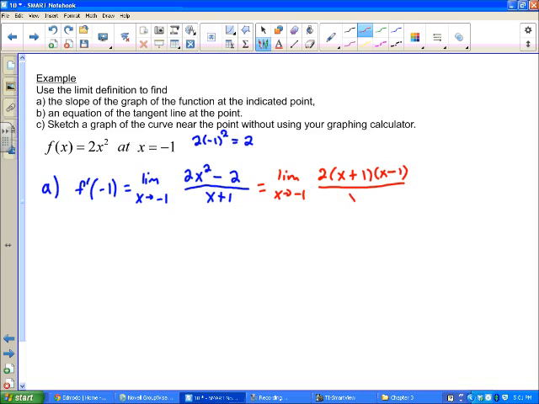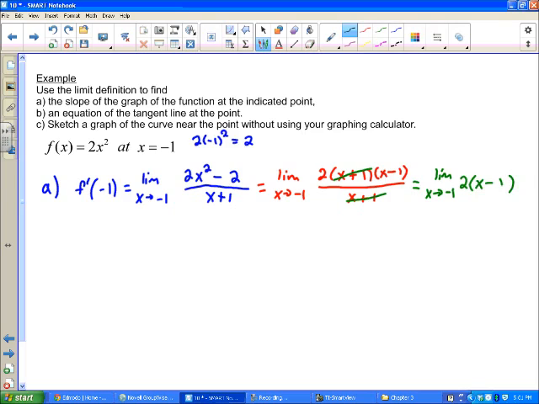I just thought it might be nice if we took 1 step. So it looks to me like we can cancel out our x plus 1s. So that gives me the limit as x approaches -1 of 2 times, well, I didn't mean to put that there. I meant to have an x. 2 times x minus 1.